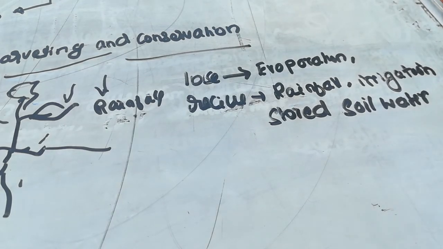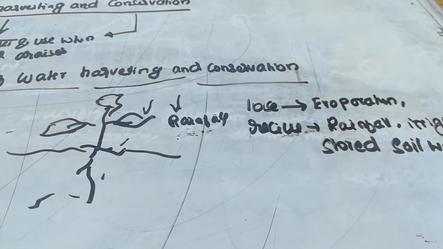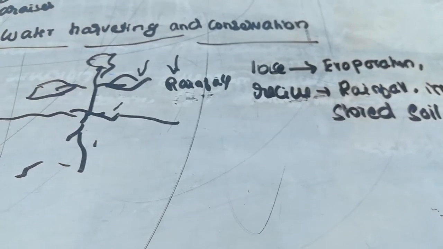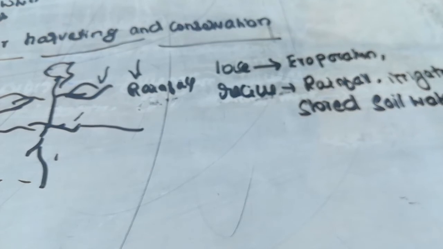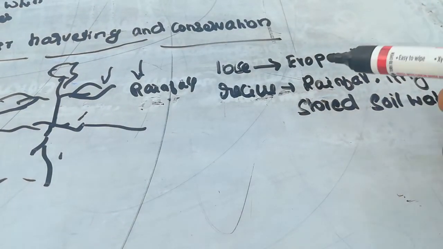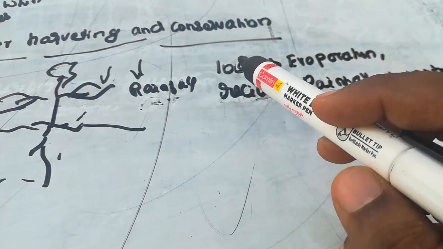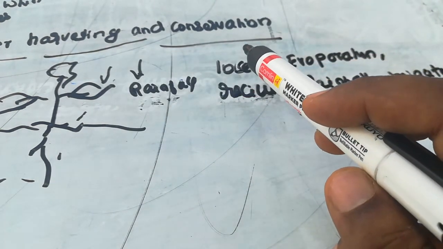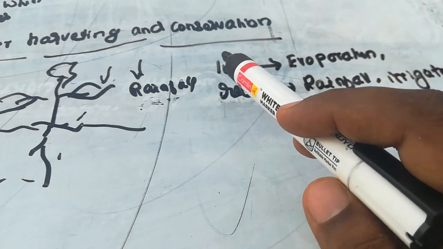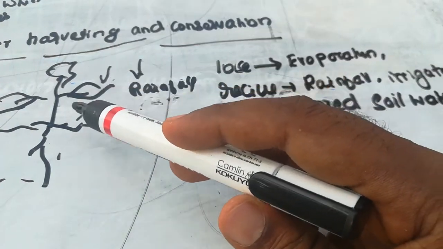These are the different techniques used in deciding which techniques to use to make more efficient use of available water. Rainfall, irrigation and stored soil water are what the plant utilizes.